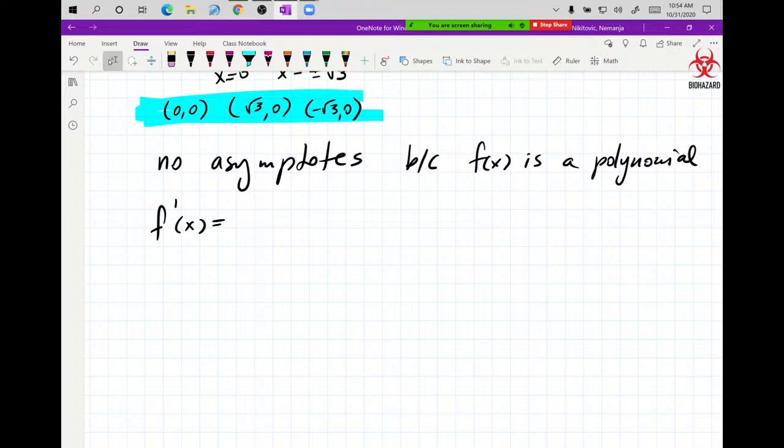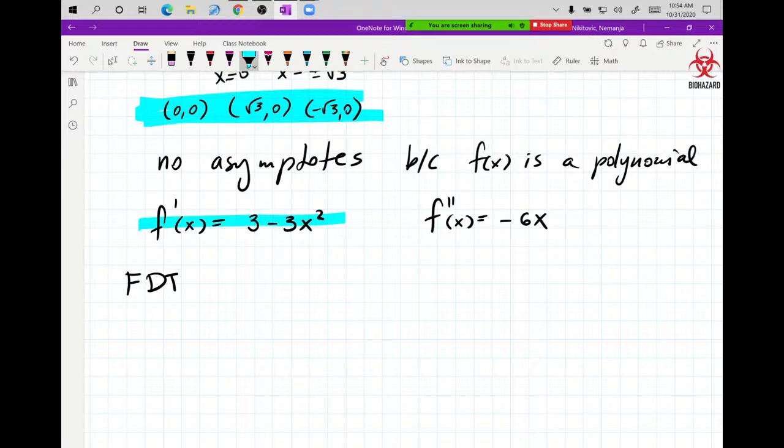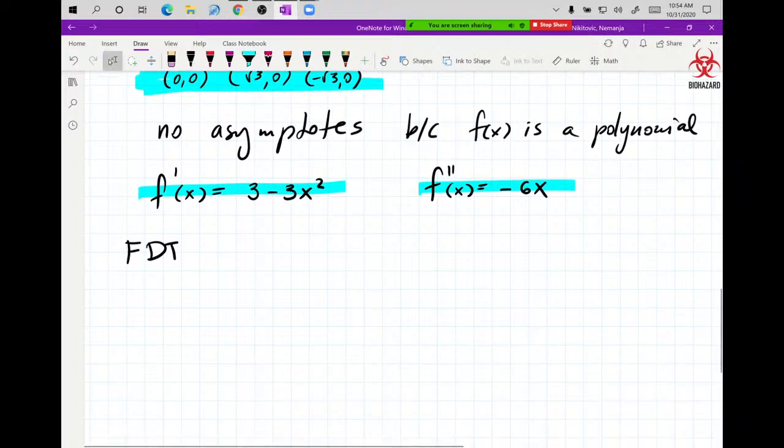Now the function was 3x minus x cubed, so that's going to be 3 minus 3x squared. And I'm immediately going to find the second derivative to use it later, which is negative 6x. That's our life. All right, first derivative test. Now, again, this is something that I will need. I just want to highlight them so I can find them quickly.